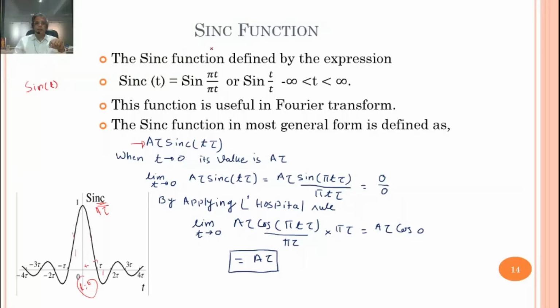And this representation of the sinc function is like this. This image shows the representation of the sinc function, and generally the signal modeling for the sinc function is like this.